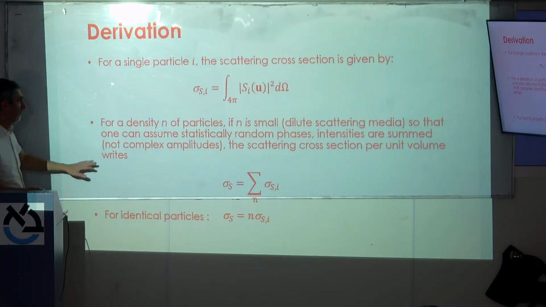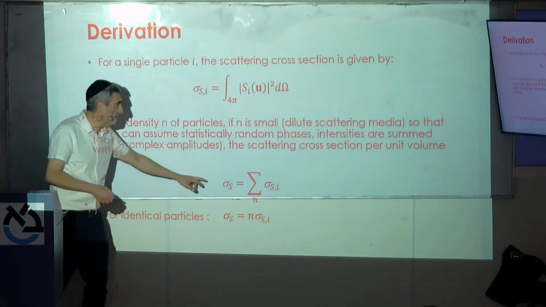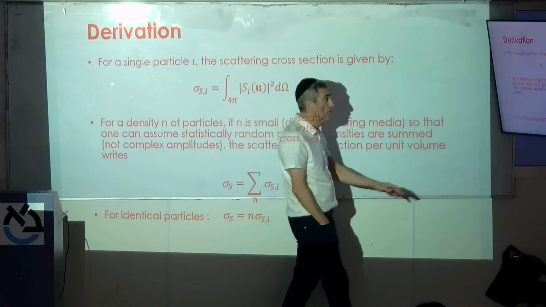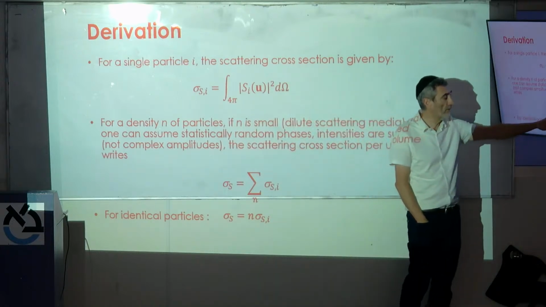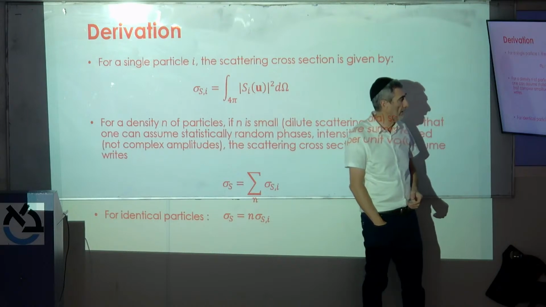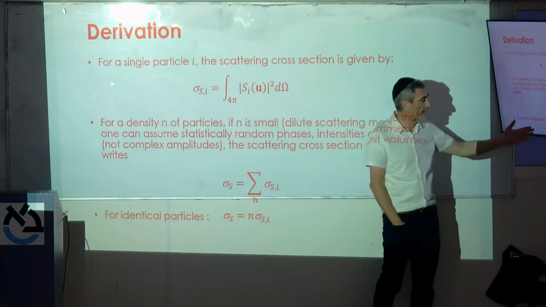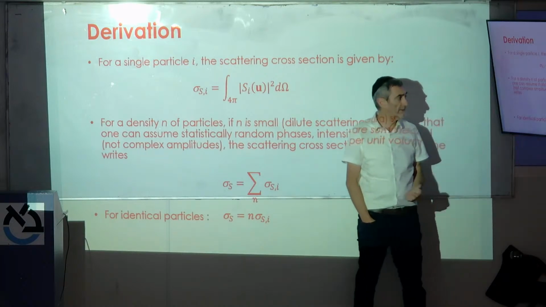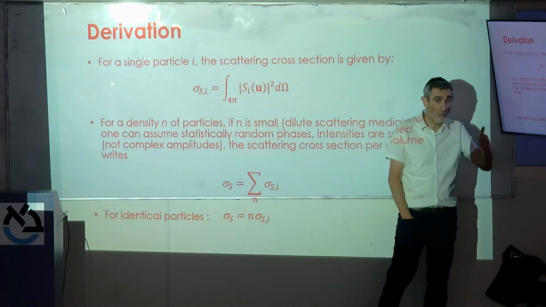The scattering cross section per unit volume is simply that sigma, the total cross section of the scattering medium, is the sum of the scattering cross sections of each scatterer. So if all the particles are identical, sigma s is just the density of particles times the scattering cross section for one particle.